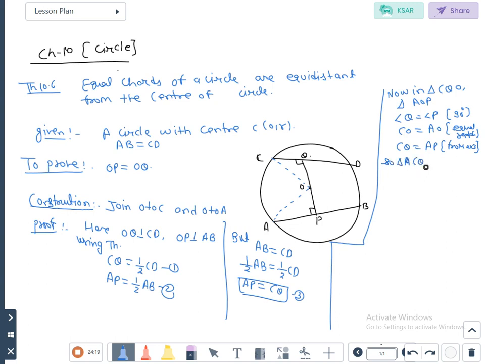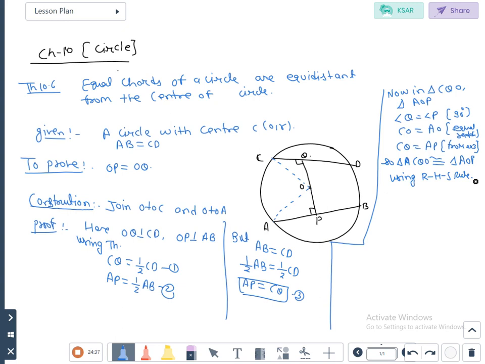So triangle CQO is congruent with triangle AOP using which rule? RHS rule, right angle hypotenuse side.